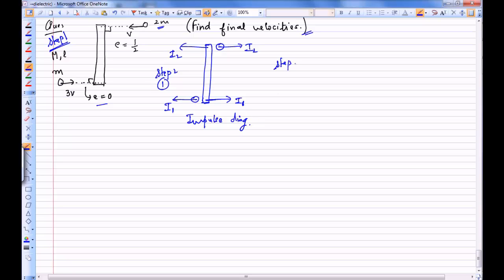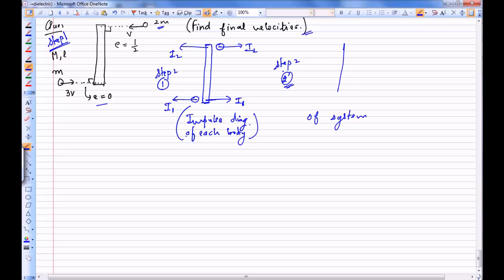Step 2, part 2. This was the impulse diagram of each body. Step 2, part 2 would be the impulse diagram of the system.